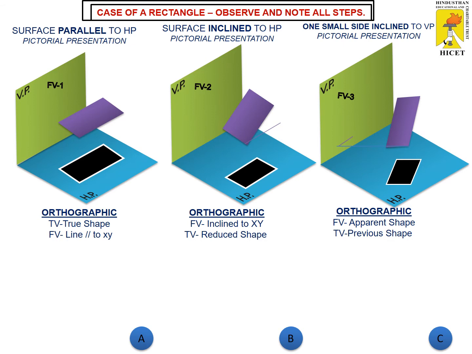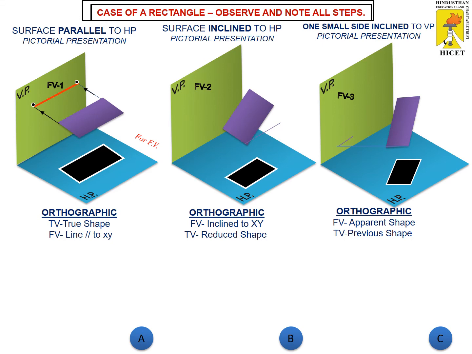See the first object, a rectangular plane which is parallel to the HP. When it is parallel to HP, and you see it from the front view, a rectangular plate looks like a single line only.